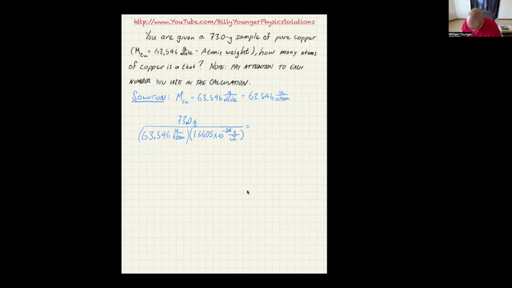You are supposed to use parentheses if you put this in your calculator, or else you'll end up dividing by 63.546 but multiplying by the other number, and that's not good. So I'm dividing by the parenthesis 63.546 times 1.6605 e to the negative 24th, and then I close my parenthesis.